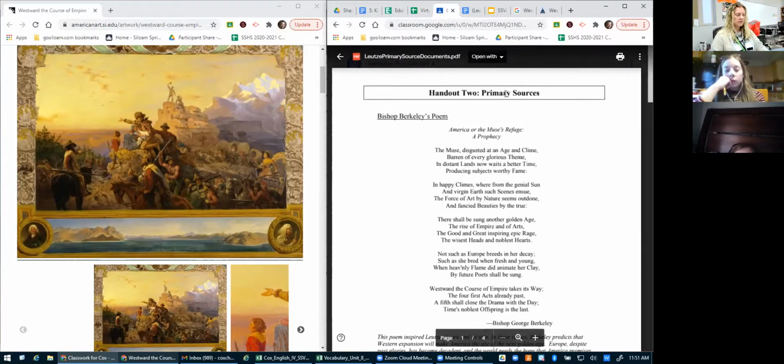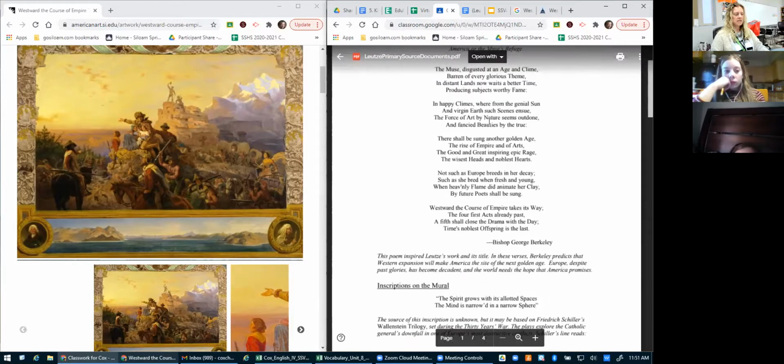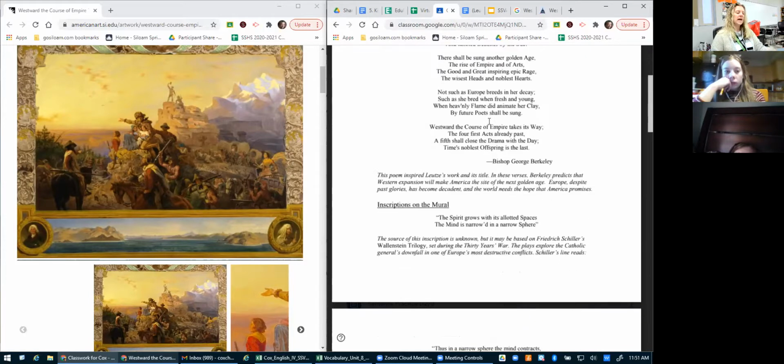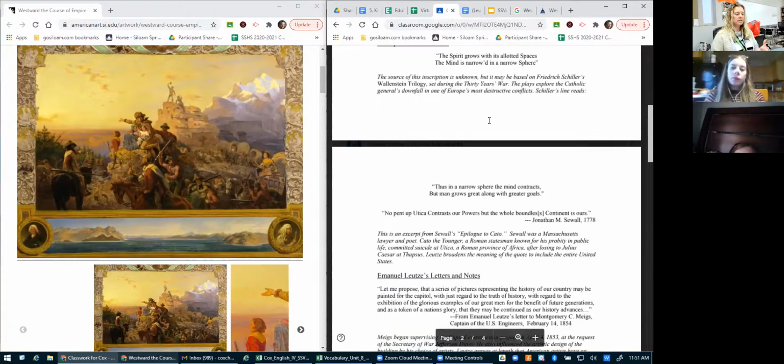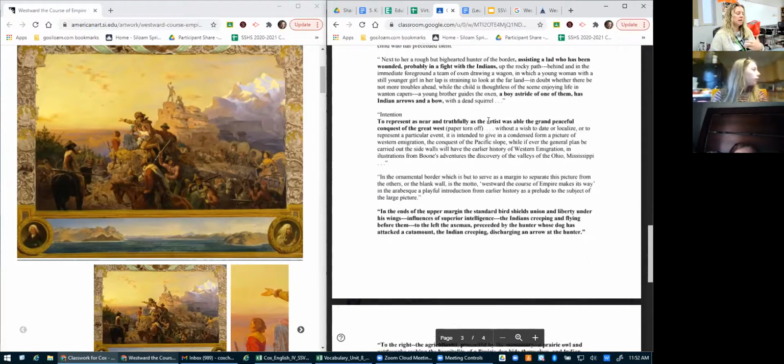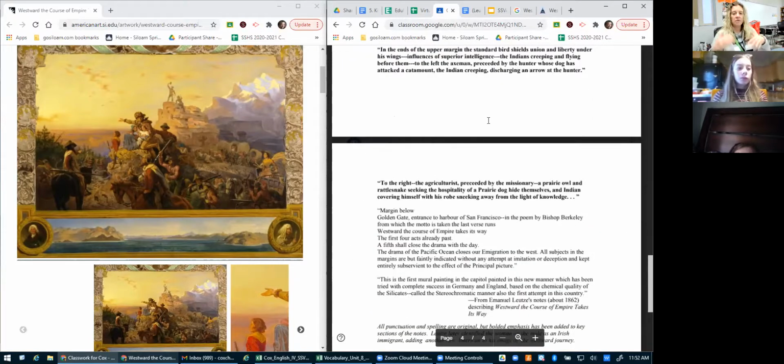This is the historical context. This is the information that tells you about what's happening during the time period, okay? These are documents that tell you about what's going on and how things are going, that relate to everything that we just talked about in regards to the things that were the same or different in this painting, okay?